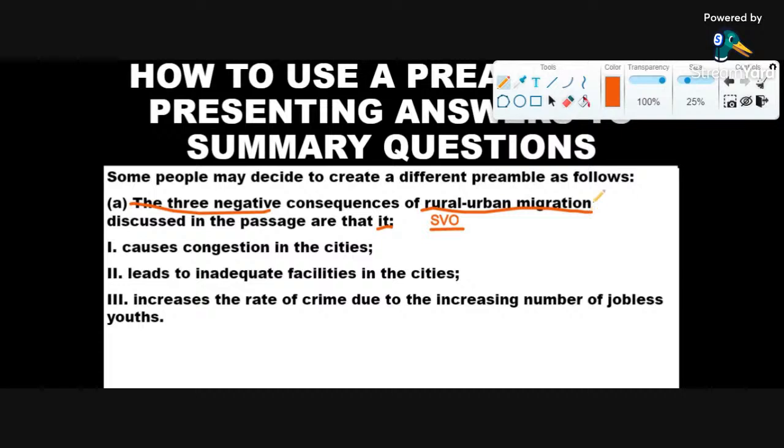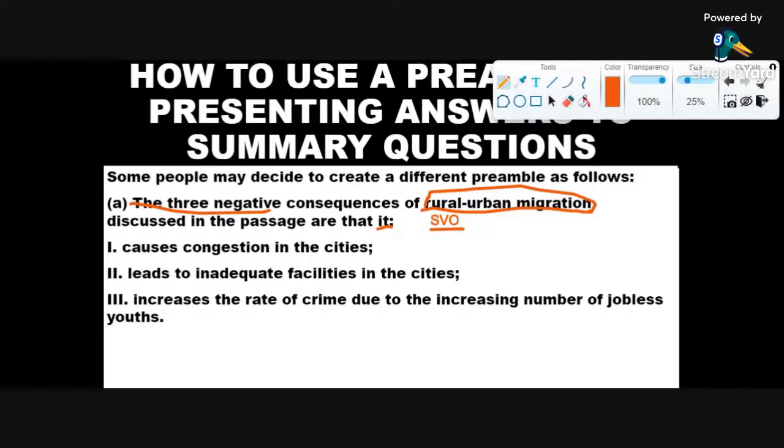So this is the antecedent, rural-urban migration, because you are asked to summarize the 3 negative consequences of rural-urban migration, and you are going to provide your answers by saying that rural-urban migration causes congestion in the cities, and it leads to inadequate facilities in the cities. It also increases the rate of crime due to the increasing number of jobless youths.